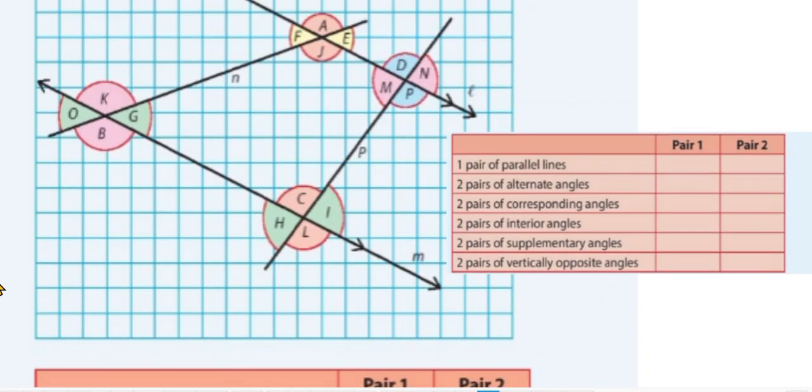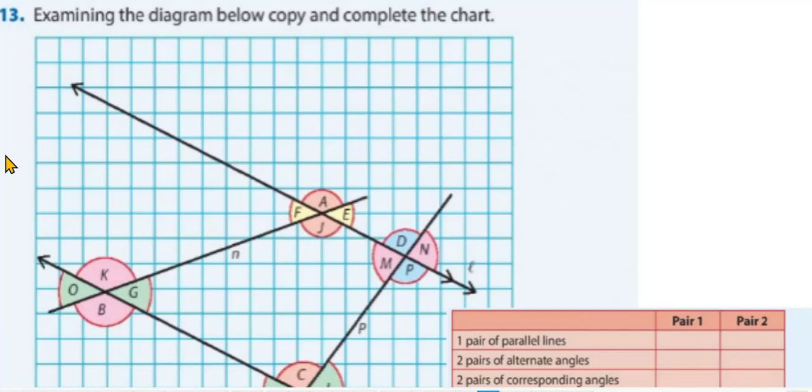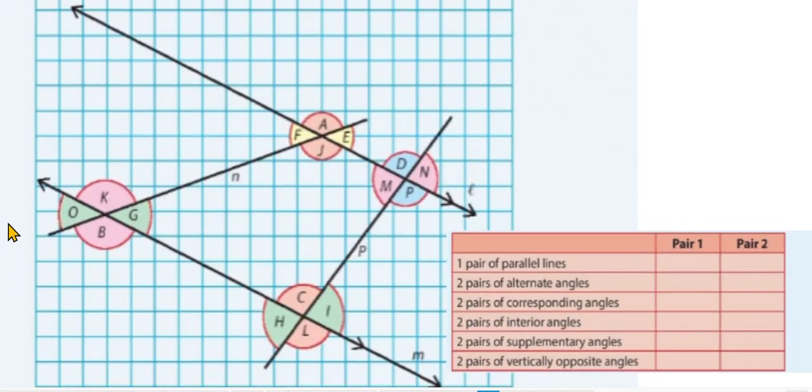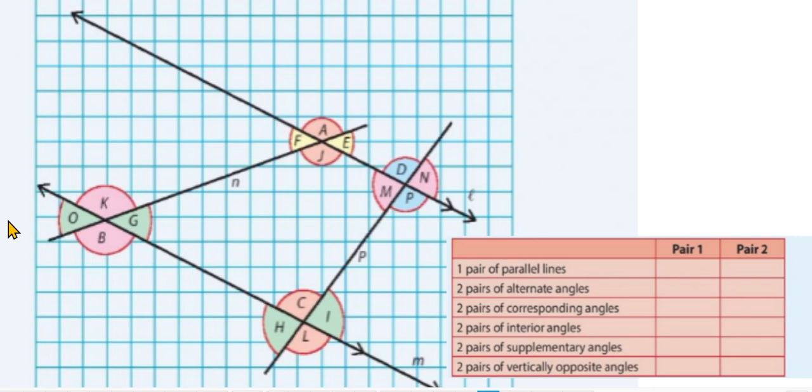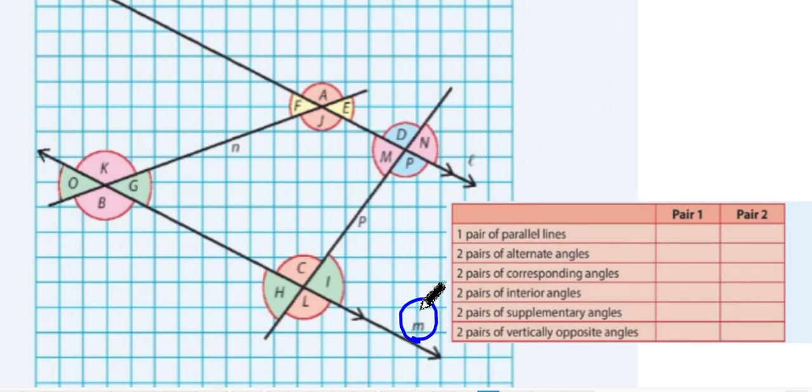Last one now. Okay. So, identify a pair of parallel lines. I'm pretty sure L and M are parallel lines. Is that right? So what are we going to say? L and M. So it just wants one pair.